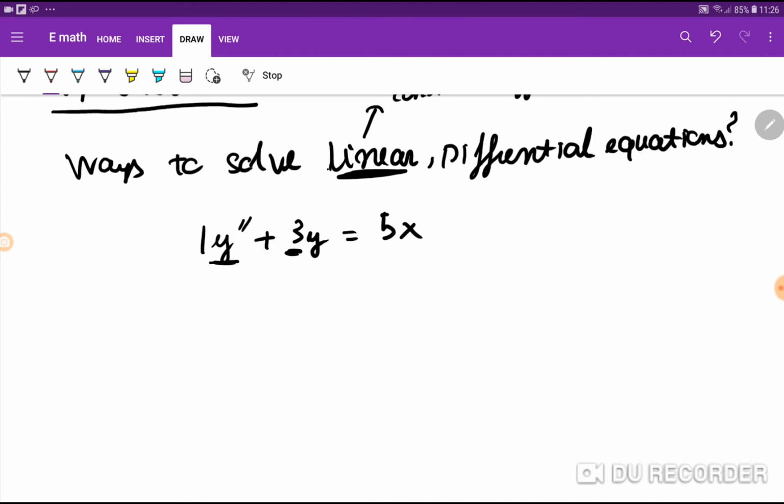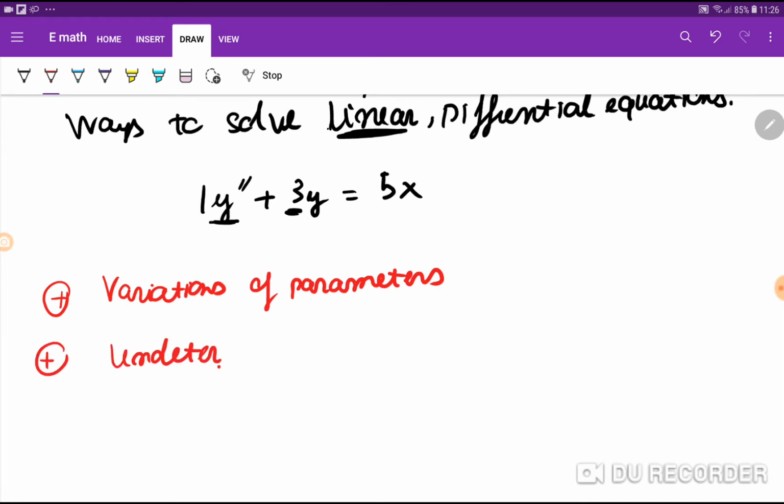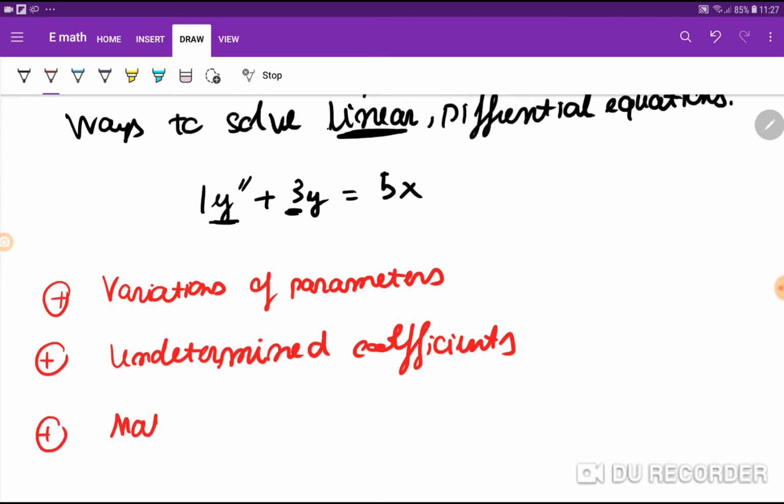But let's list some methods you might have heard of: variation of parameters, undetermined coefficients, and matrix diagonalization.